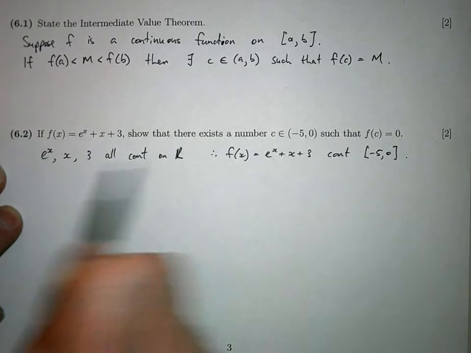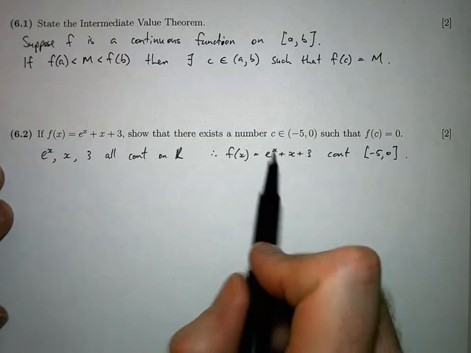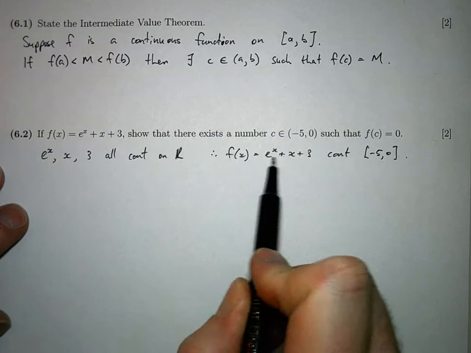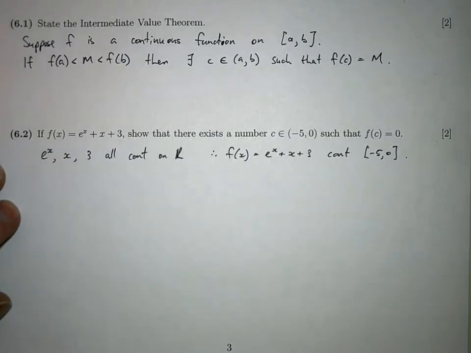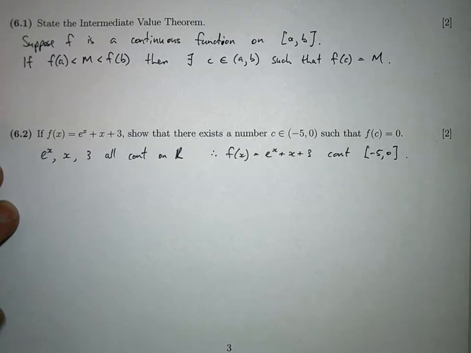There's half a mark assigned to that, just to show that you've checked that the function is continuous. Of course, you've got that lovely theorem that says that if you've got continuous functions on their domains, then you can just add them together and you'll get a continuous function. Right, so we know that f of x is continuous on the interval here.